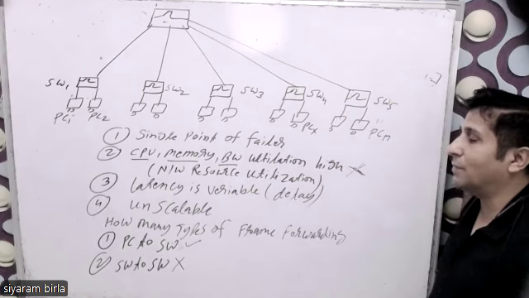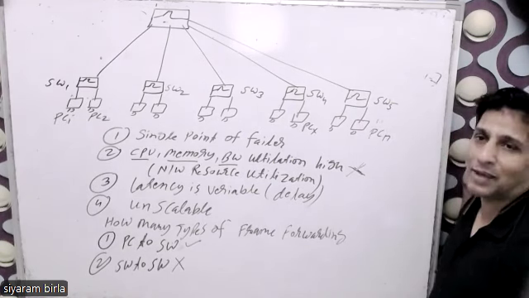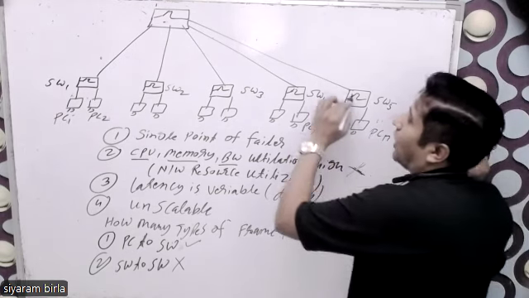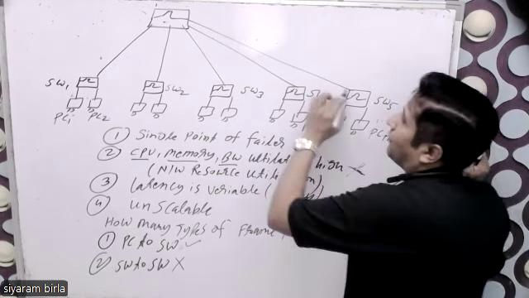And the next problem is that latency is variable. What do I mean by latency is variable? Latency is variable in the flat network, but here the latency is fixed. Suppose PCN wants to communicate with PCX, so the traffic goes to this centralized switch, and this centralized switch forwards that traffic to switch 4.